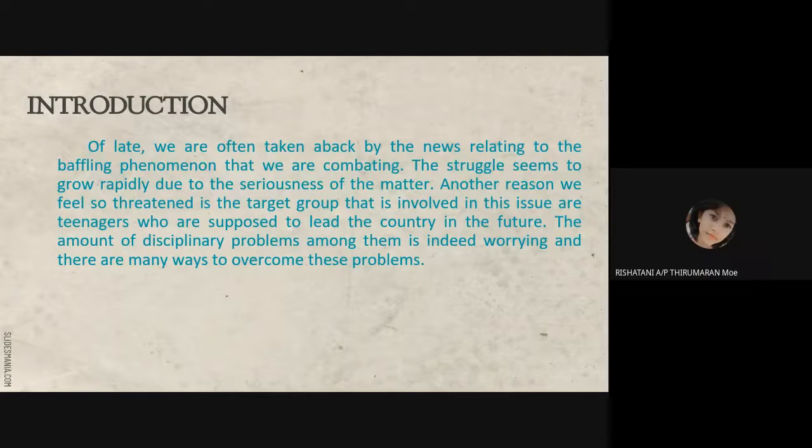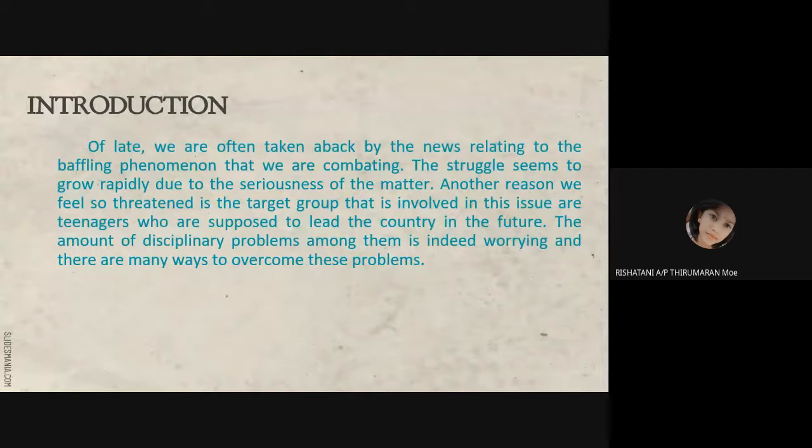Of late, we are often taken aback by the news relating to the baffling phenomenon that we are combating. The struggle seems to grow rapidly due to the seriousness of the matter.